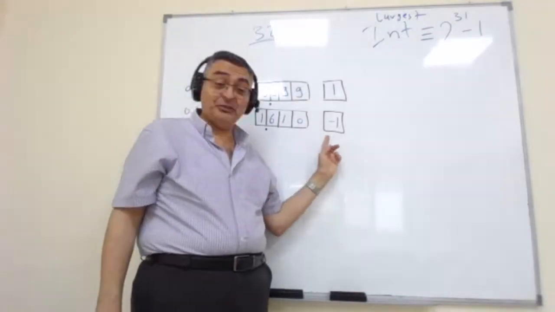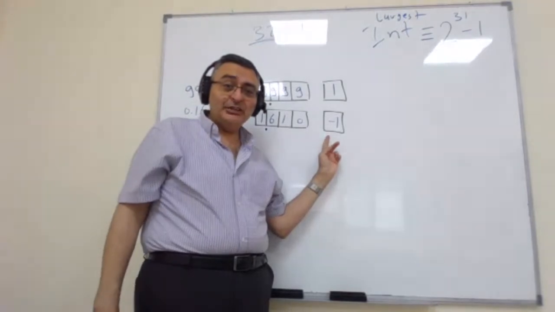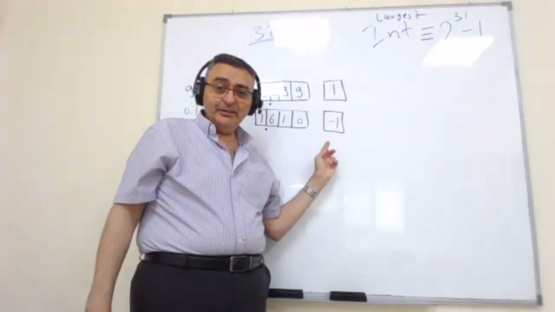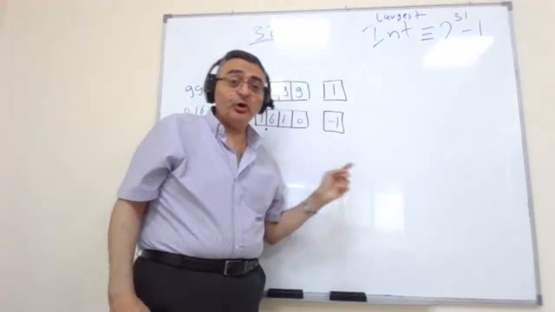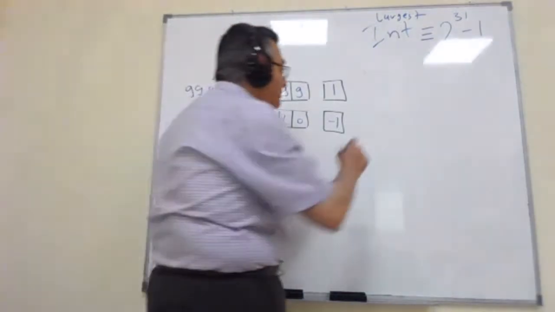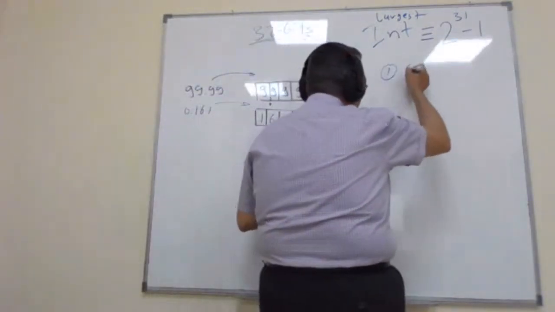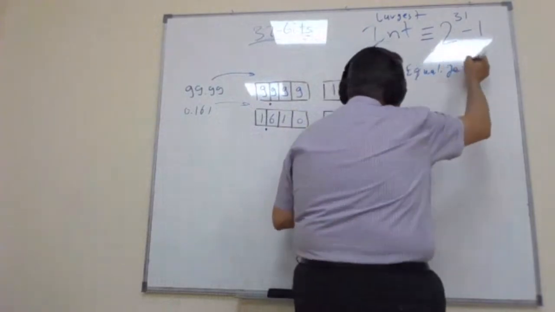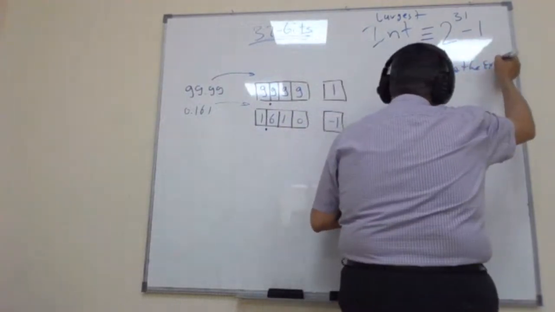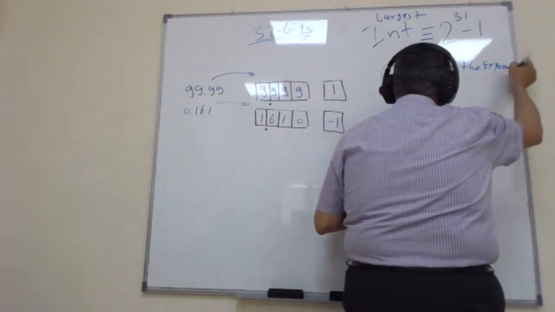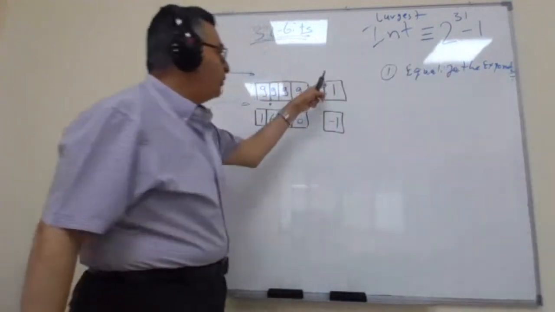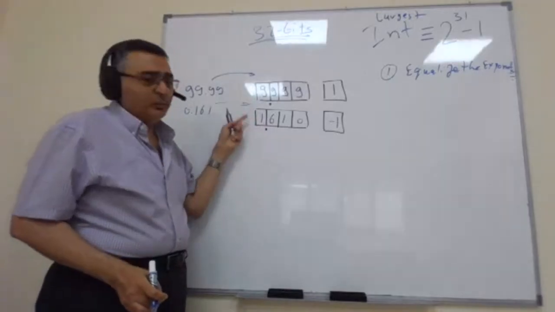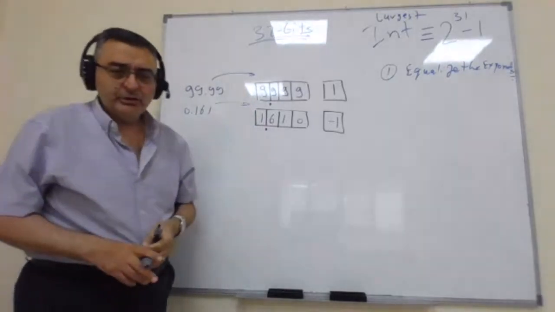Go and check the exponent. Okay? So my first step is to equalize the exponent. The exponent should be equal in order for me to be able to add those two numbers.